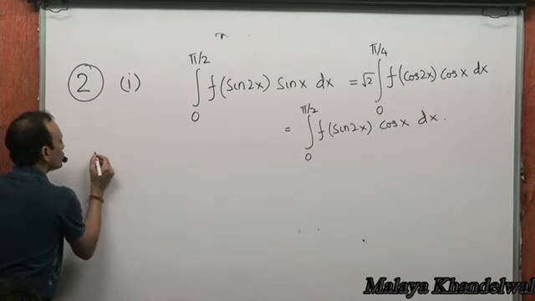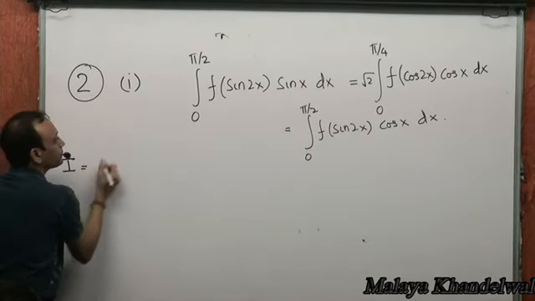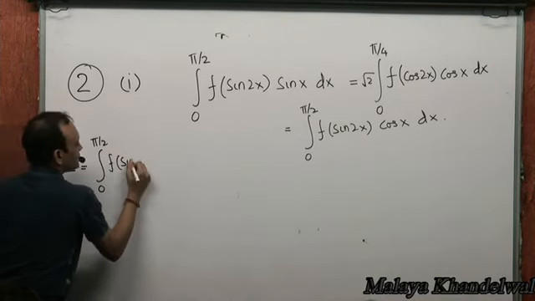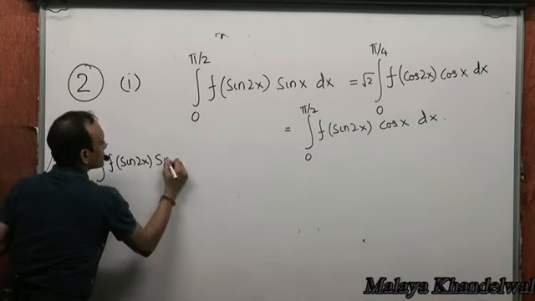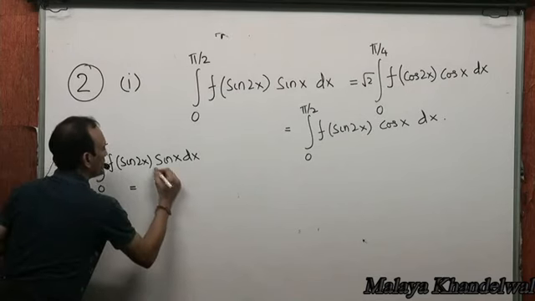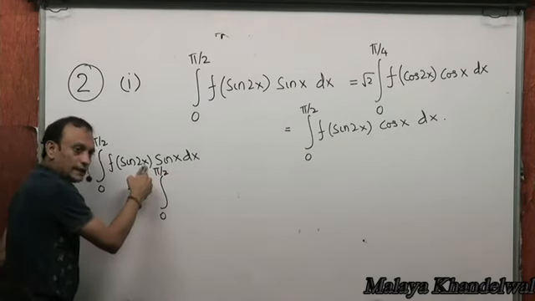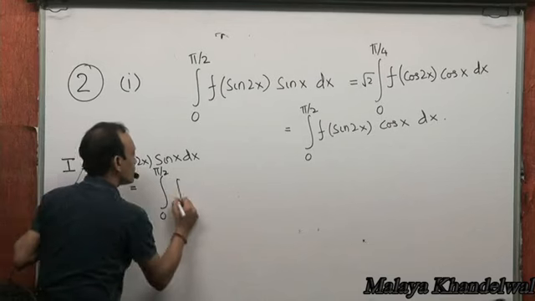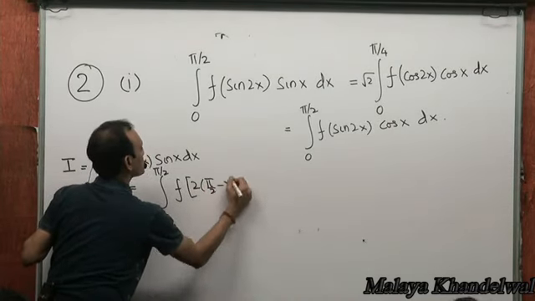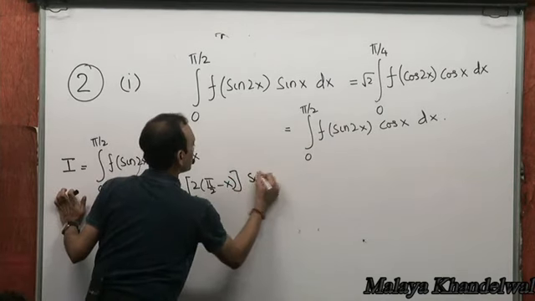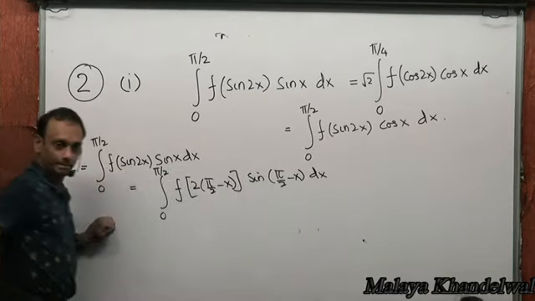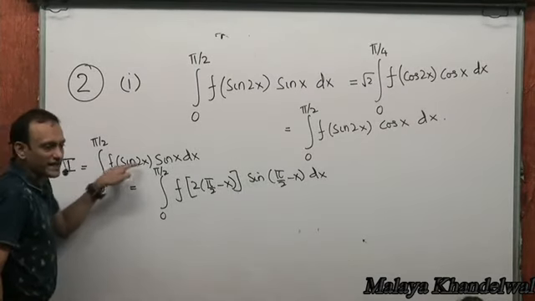So the required integral I, 0 to pi by 2, f of sine 2x sine x dx is, replacing x by 90 minus x, right? So f of 2 times (90 minus x) sine (90 minus x) dx, right? 0 to a, replace x by a minus x.